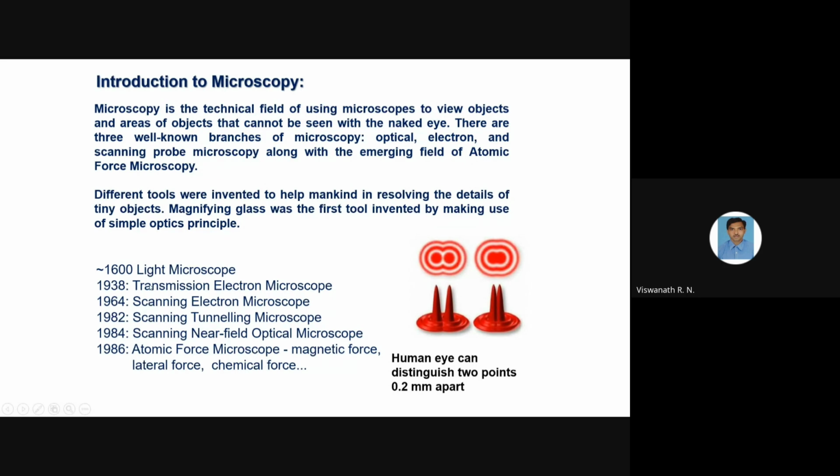So basically there are lens based microscopes, then electron beam based microscopes, transmission or scanning electron microscopes, then tunneling. We are not covering tunneling in detail, but the concept is very important because tunneling microscopes work on quantum mechanical tunneling.